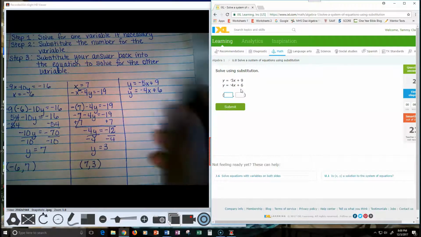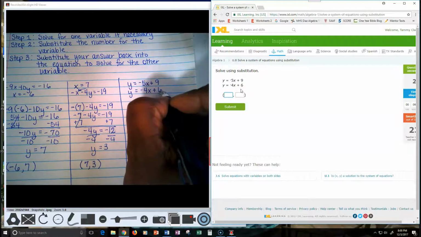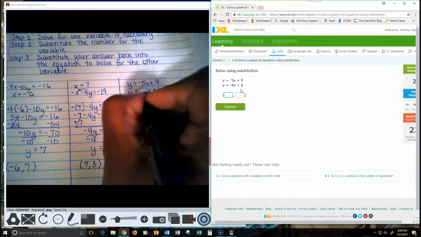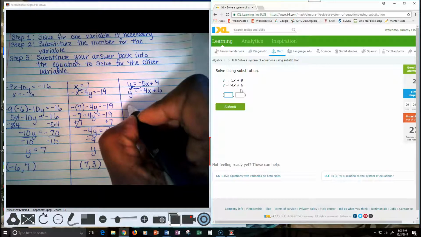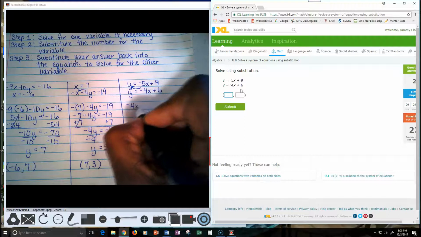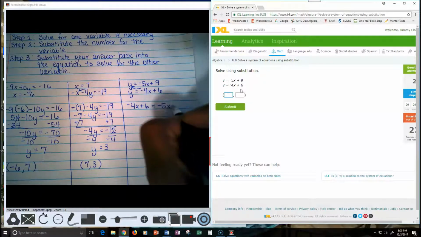What do I mean? I could take this y is equal to negative 4x plus 6 and substitute for this y. So now I have negative 4x plus 6 is equal to negative 5x plus 9.